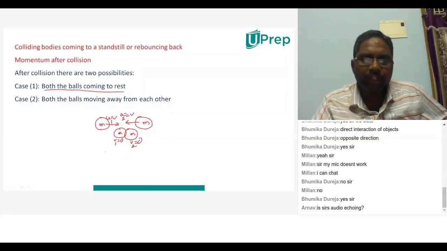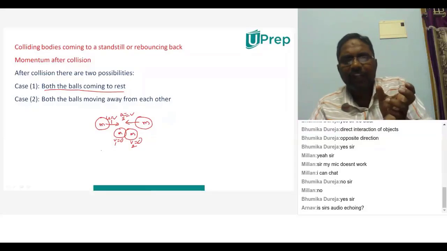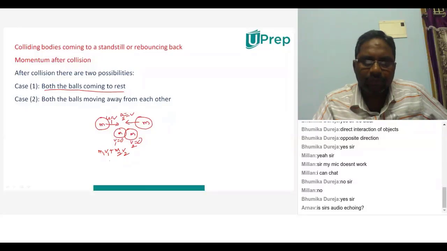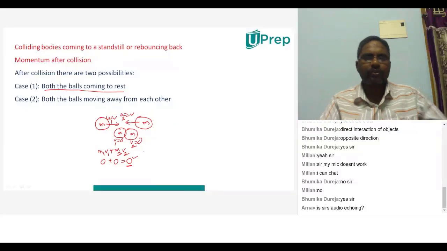Here, u1 and u2 are the initial velocities of the first and second objects, and v1 and v2 are the final velocities. For the final total momentum of a system, generally we write m1 v1 plus m2 v2. So m1 v1 is zero because v1 is zero, plus m2 v2, where v2 is also zero. So the total momentum after collision is also zero.